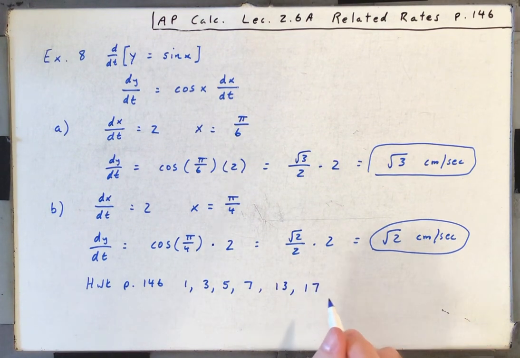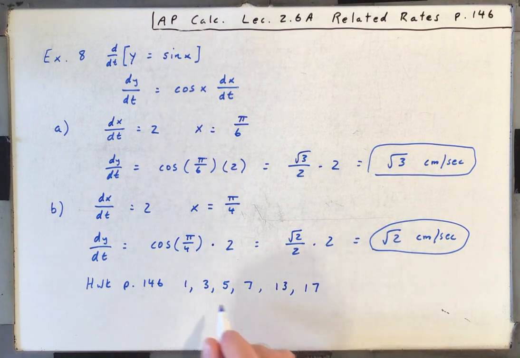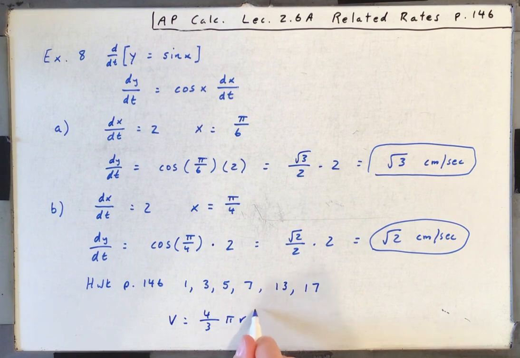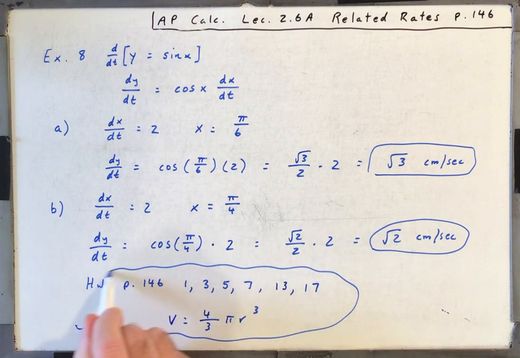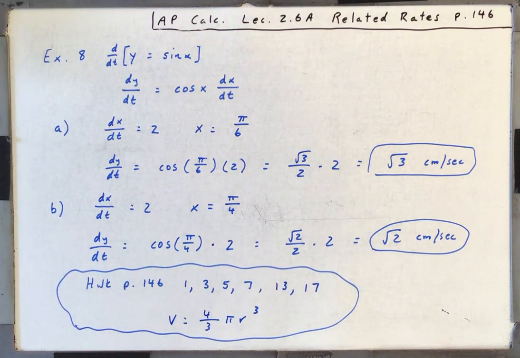And I do give you the hint on number 17, you'll be relating the volume of a sphere, and that's on your notes, but it's 4/3 pi r cubed. So you will be using this equation, and I don't expect you to remember that for the test. If I give you a formula that fancy, then you will be given that on the test.